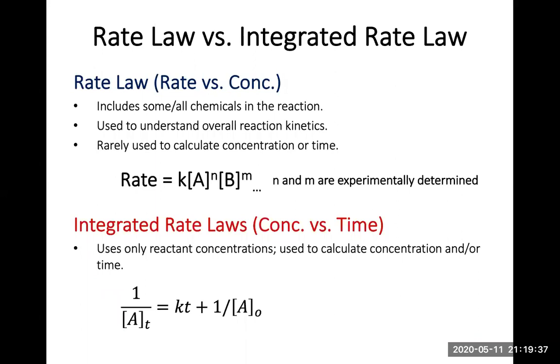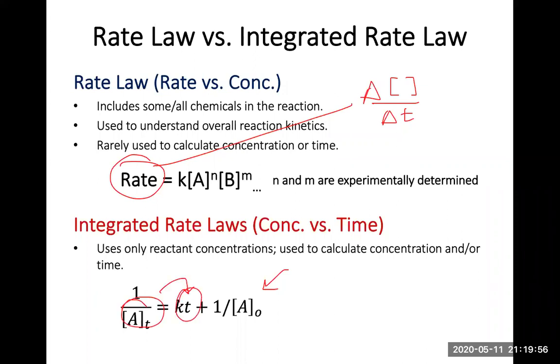This rate that we have here is going to be the delta concentration, some concentration value over delta T. That's what a rate is, as we saw in our earlier slides. But down here, there's nothing like this. This is basically just concentration at some time T versus time. So the two variables that are useful in the integrated rate law are concentration and time, and that's why we use these.